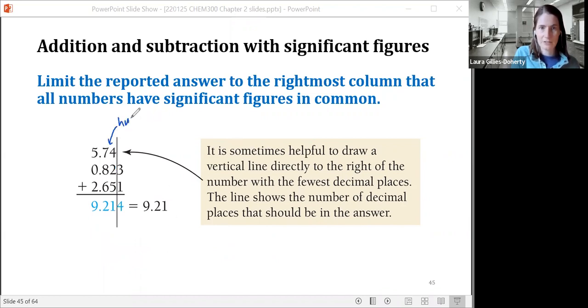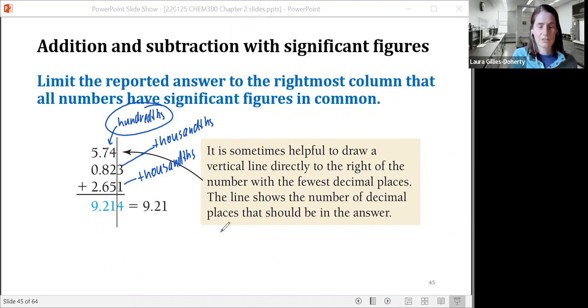I could say hundredths, thousandths, and this one ends in the thousandths. And I'd be like, okay, hundredths place is the least to the right, that's where it's going to be cut off. So I know to cut this one off in the hundredths place.